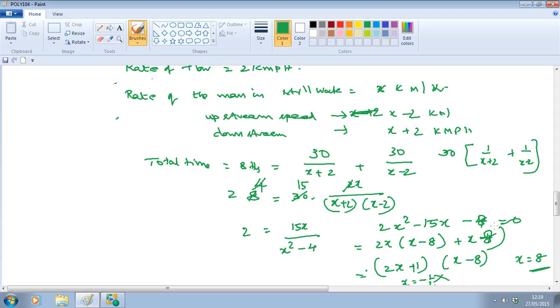The rate of the man in still water is equal to 8 kilometers per hour.